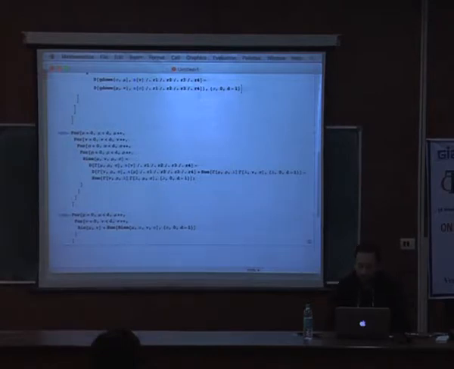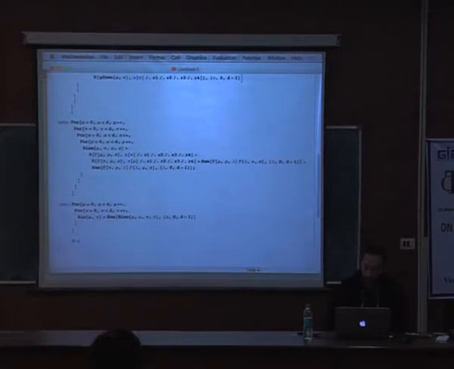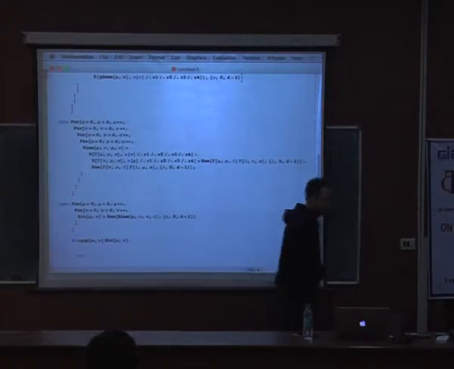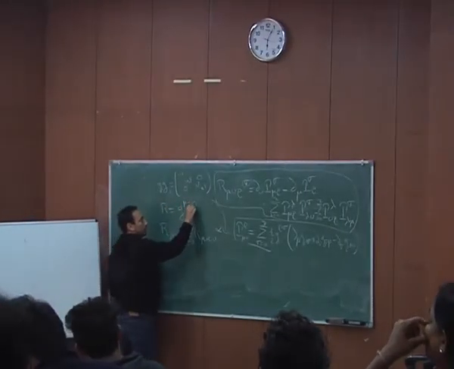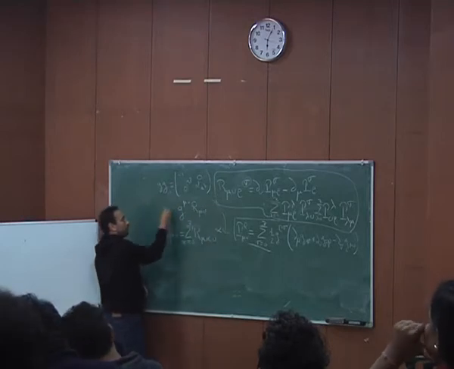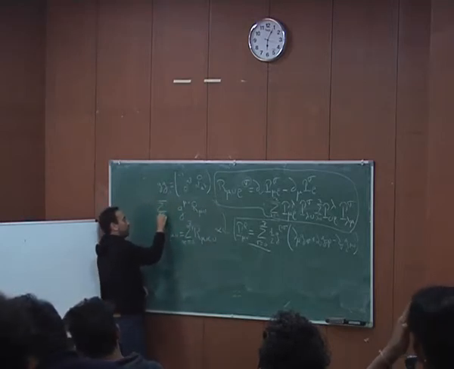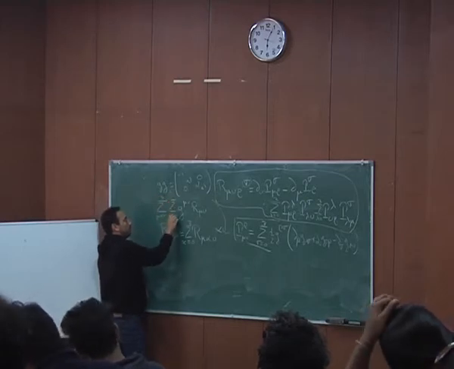And now if you want the curvature scalar, R is just G up mu nu. Maybe I should define it first for the people who don't know the curvature scalar. The curvature scalar is G mu nu R mu nu. That means that you make a summation on mu from 0 to 3, on nu from 0 to 3.